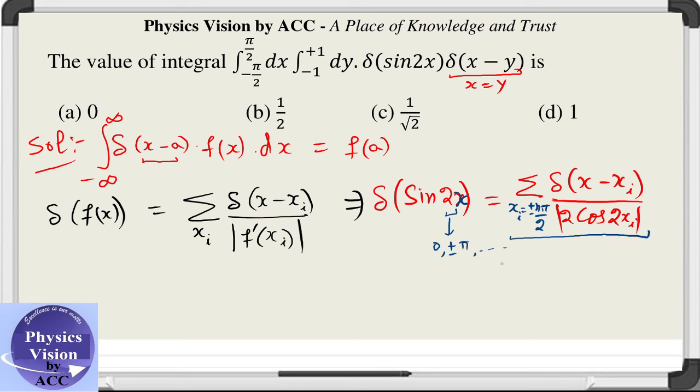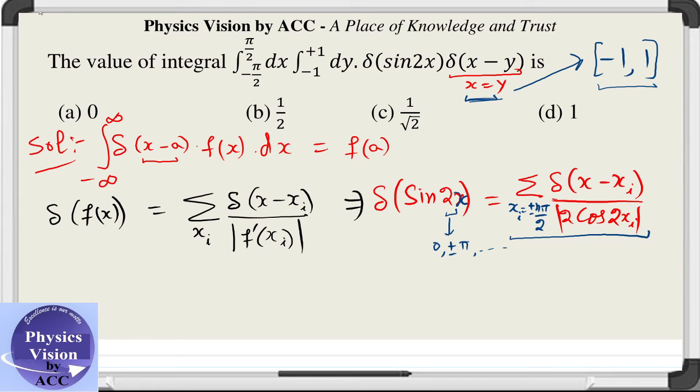Now what we need to look at is that only those values of x are acceptable which are in this range. Why? Because x needs to be equal to y and any value outside this region is not acceptable, that will make the whole integral 0. And what are the possible values of x in this range?